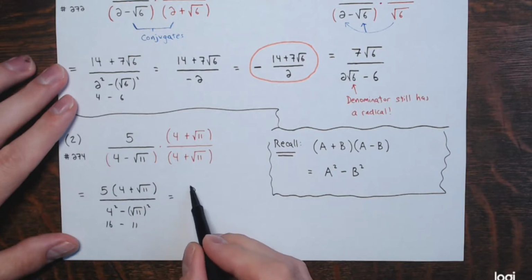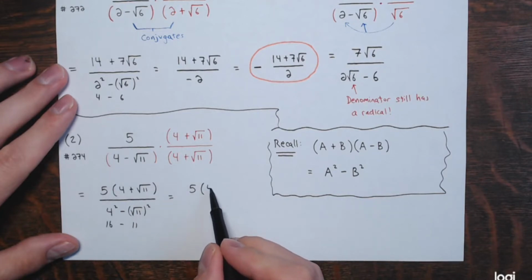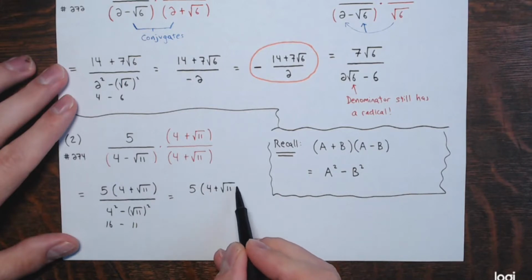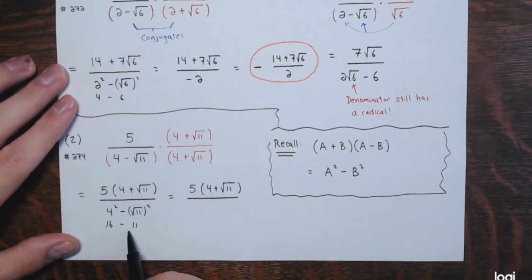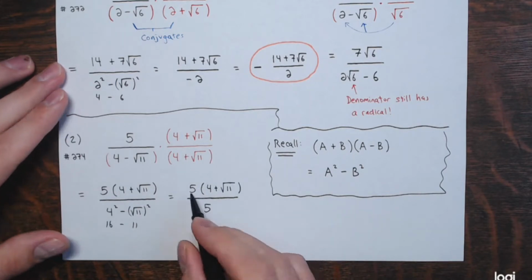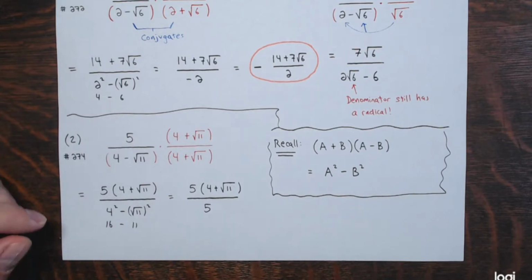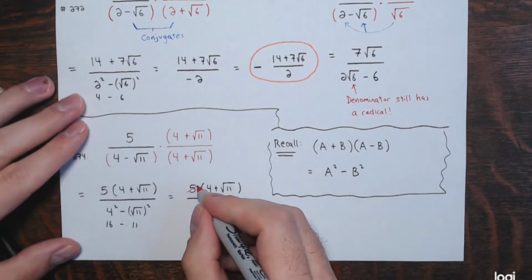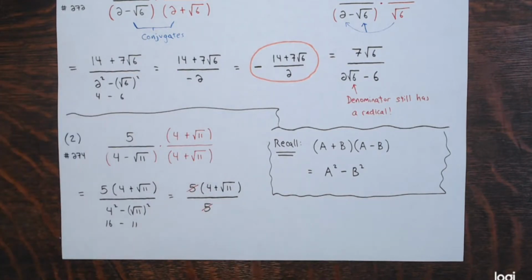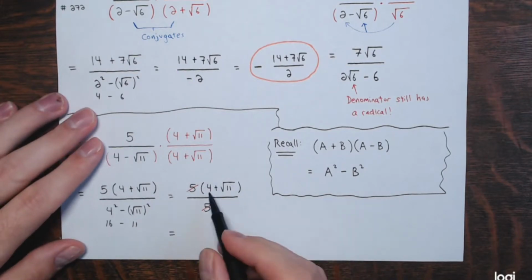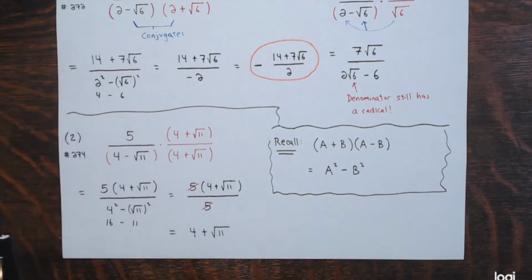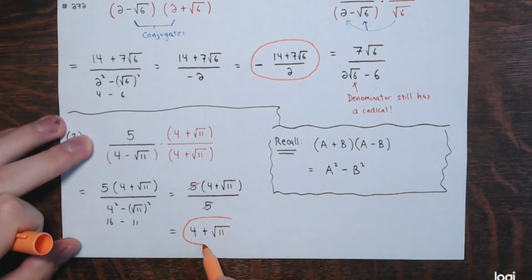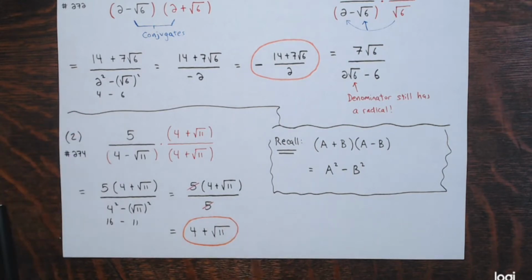So we have 5 times the quantity 4 plus the square root of 11 in the numerator divided by 16 minus 11, which is 5, in the denominator, and there is definitely a common factor in the numerator and denominator. You see a factor of 5, those become 1. And then all I'd be left with is 4 plus the square root of 11. And there you go. Definitely a rationalized denominator, right? The denominator here is 1. No more radicals.